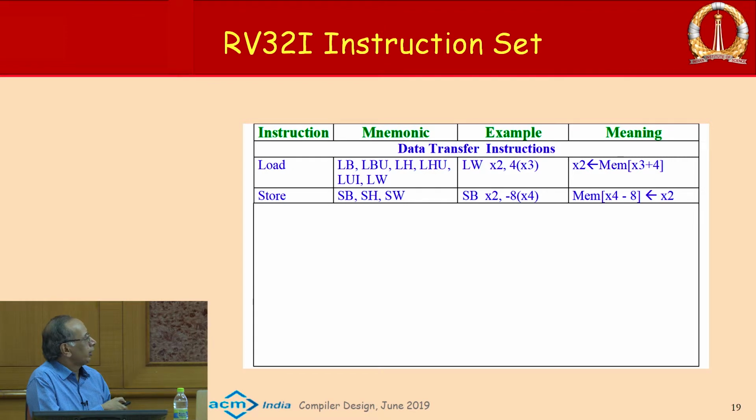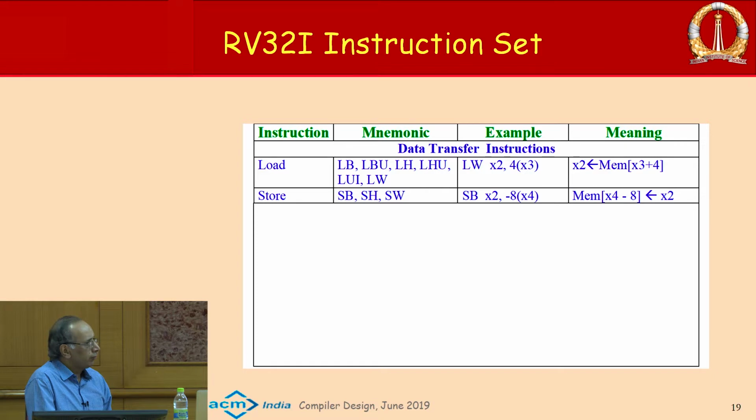When you say a load word, it is always 4 bytes. If you say a load half word, it is 2 bytes. In this format, x2 is a register, x3 is also a register, and the address is available in x3 with an offset of 4. So, x3 plus 4 is the address of the memory location that is being accessed and put into x2.